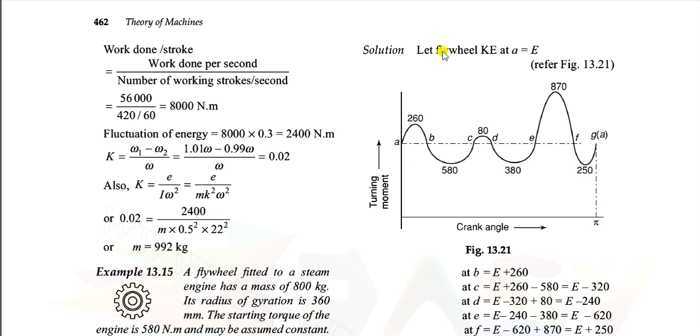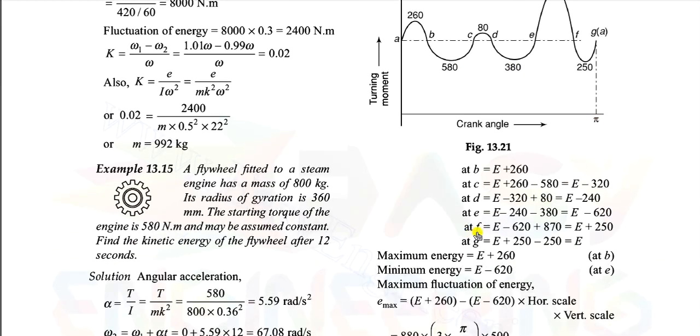So for example, the flywheel energy at A is equal to capital E. At B it will be E plus 260, at C it will be E plus 260 minus 580. In the same way, if we proceed, at this point this will be the energy.